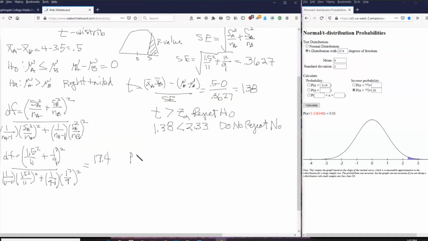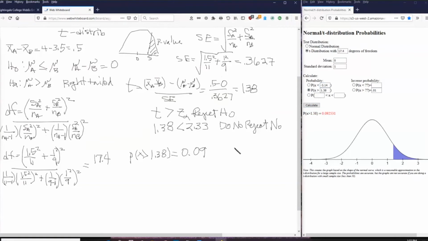Now I'm going to find the probability that X is going to be greater than 1.38 to get my p-value for the score of 1.38. And that is going to give me a probability of approximately 0.09.